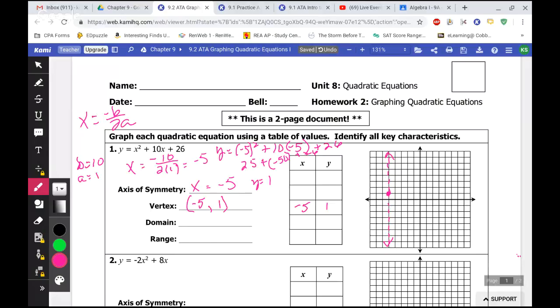So then what we do next is fill in our table. We're going to go -4, -3. Oh, technically, I want to go the other way, don't I? I was going down, wasn't I, yesterday in class? Sorry if I messed y'all up. We went -6, -7, and then -4, -3.